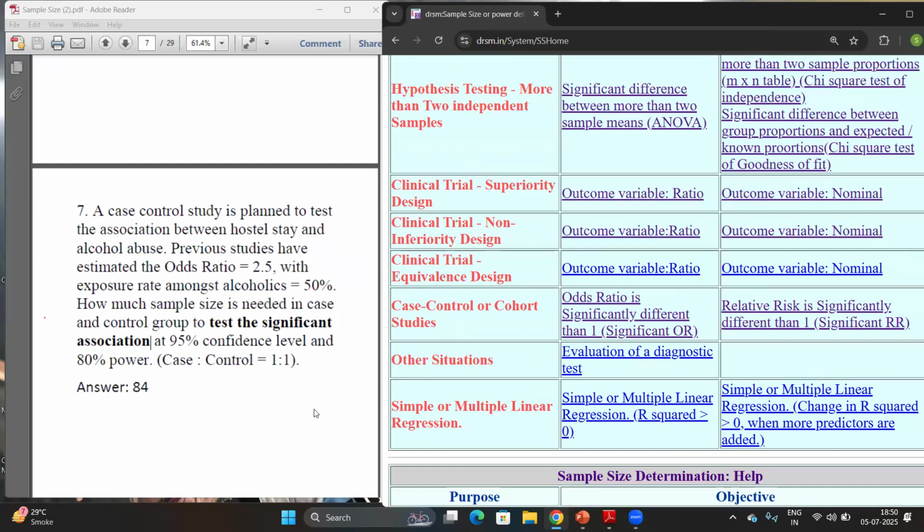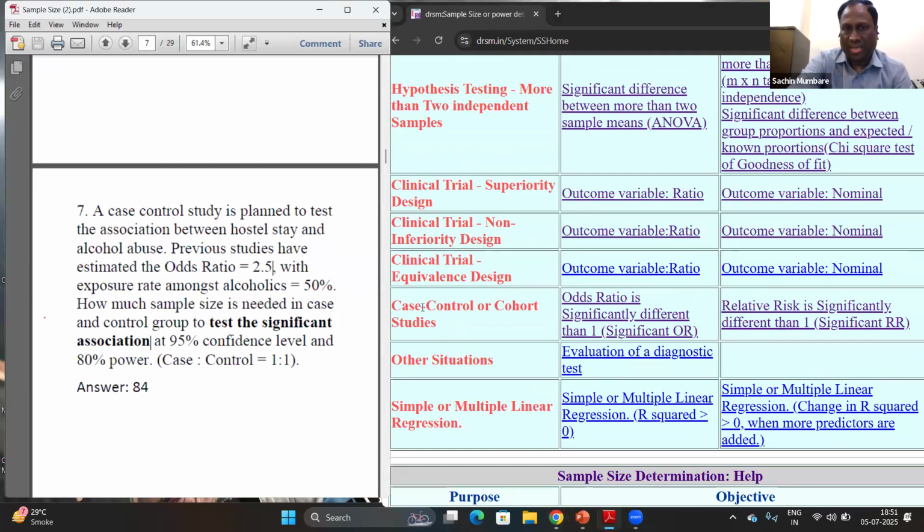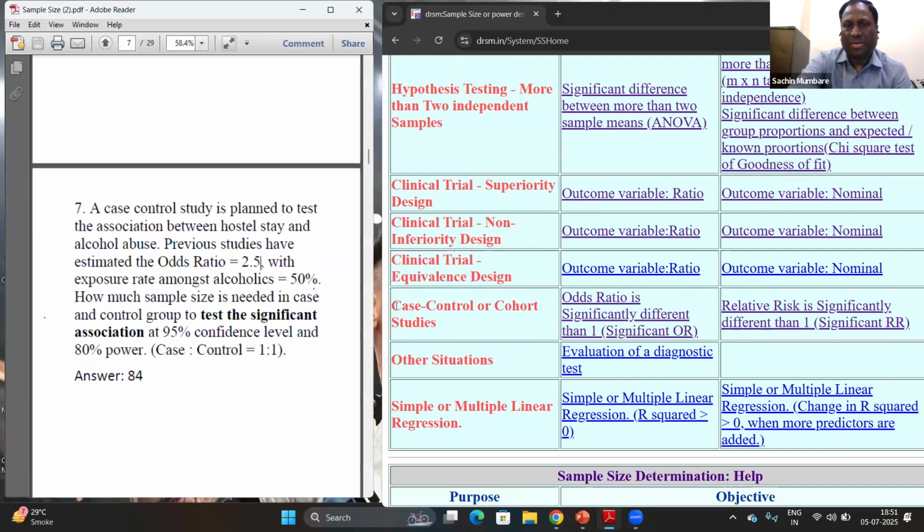We are testing the association, whether the odds ratio is significantly different than 1, or whether the odds ratio is significant, one and the same. So here this link is given, case control or cohort studies, and odds ratio is significantly different than 1.